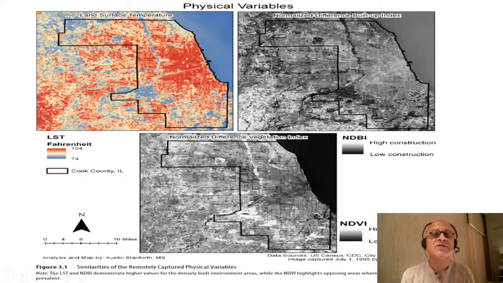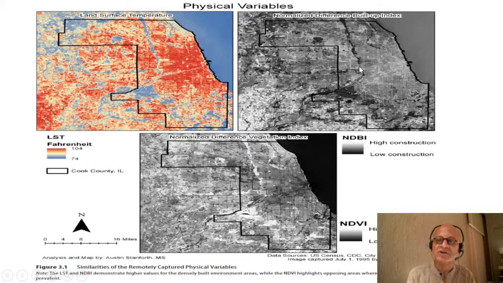Okay, so here are the physical variables. For example, land surface temperature in Fahrenheit. I think this is Chicago. Similarities of the remotely captured physical variables, city of Chicago. Okay, so you can see how non-uniform the land surface temperatures are, and here is the normalized difference built-up index.